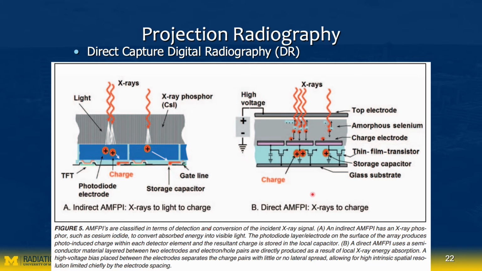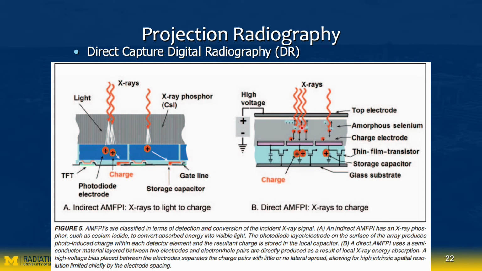On your right is the direct AMFPI. So what is direct about it? The direct DR uses semiconductor material layered between two electrodes. We have two electrodes here. And then the charge is collected directly from the X-ray.